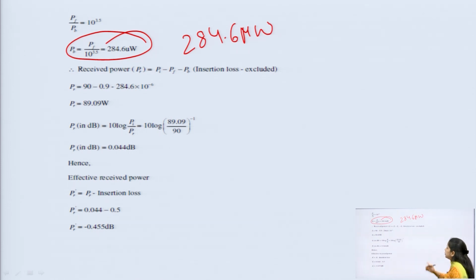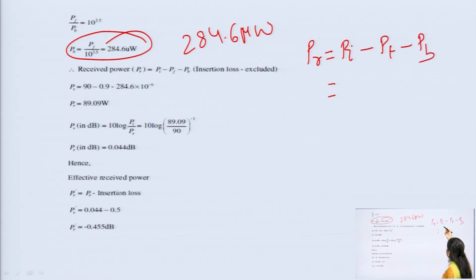Now, received power is equal to Pi minus Pf minus Pb. We know what is our Pi. Pi is 90, Pf 0.9, and this is 284.6 into 10 to the power of minus 6.